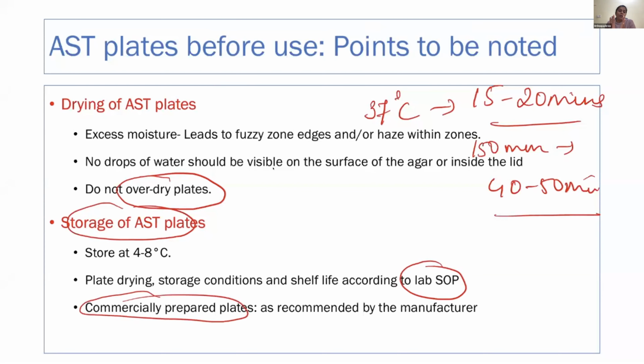And if we have a practice of procuring commercially available sealed Muller-Hinton plates, those plates tend to have more moisture than usual, because of the water of condensation. So you should explain to them that adequate drying of plates is a must before they do the lawn culture. Okay, these are the points to be noted when we are using Muller-Hinton plates, especially before use.